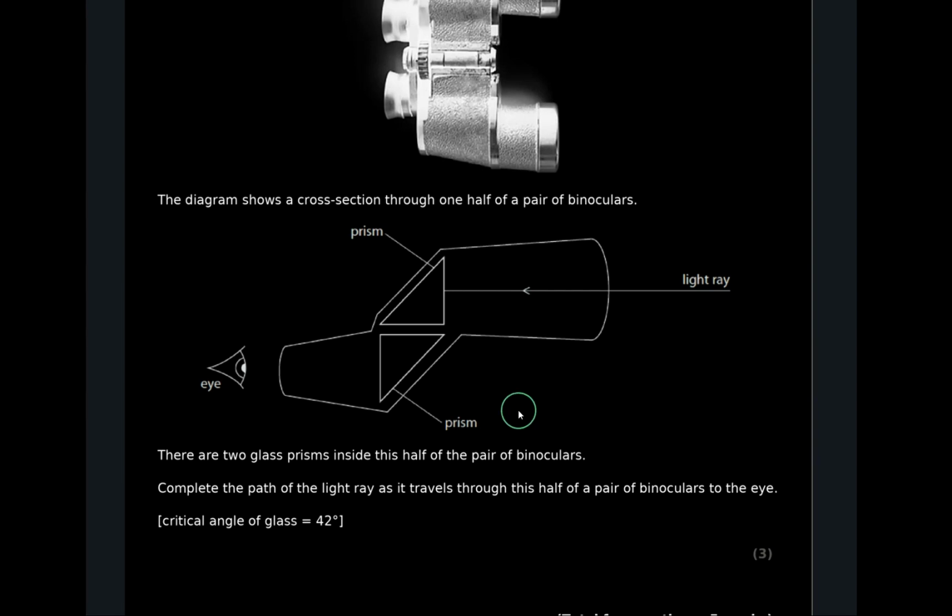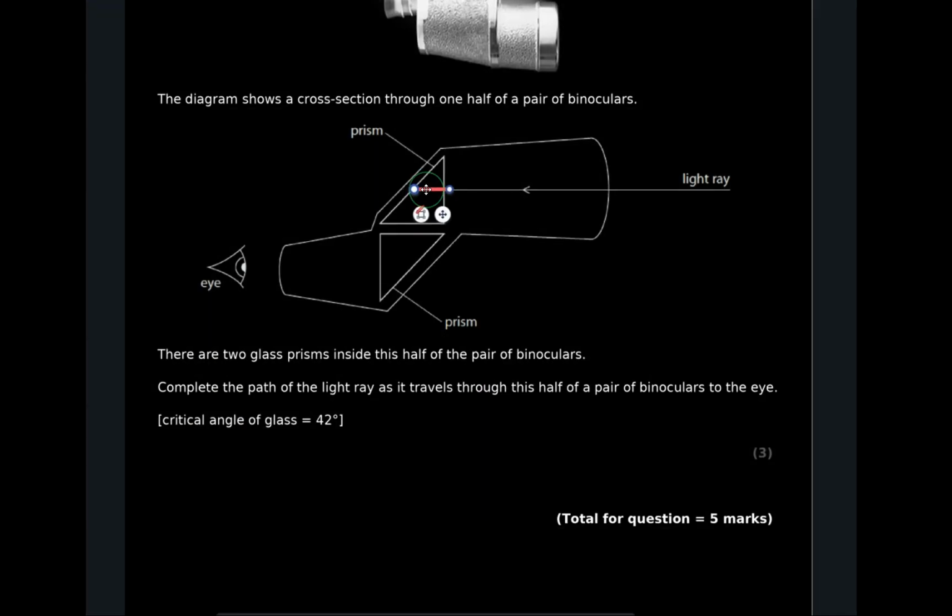But the moment the ray goes straight to this particular end, it will be reflected such that it changes direction by 90 degrees. This happens because the rays of light in the prisms undergo total internal reflection.